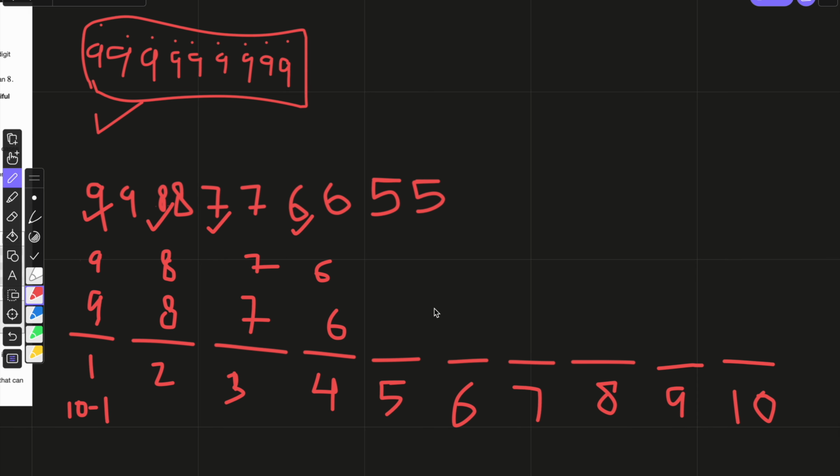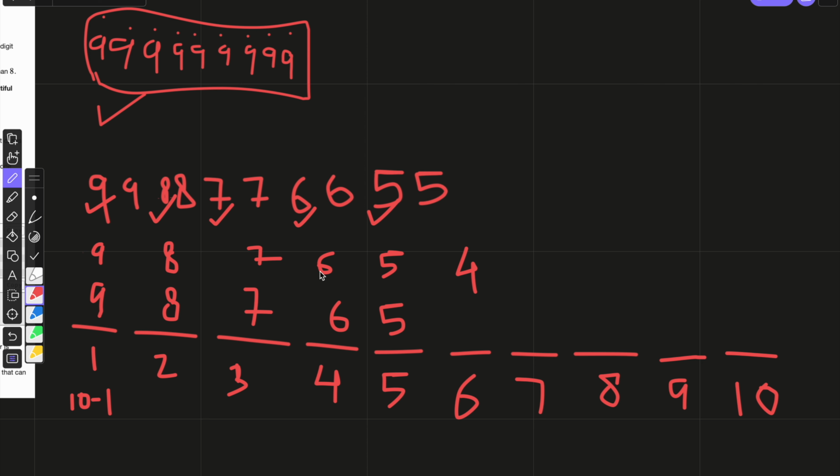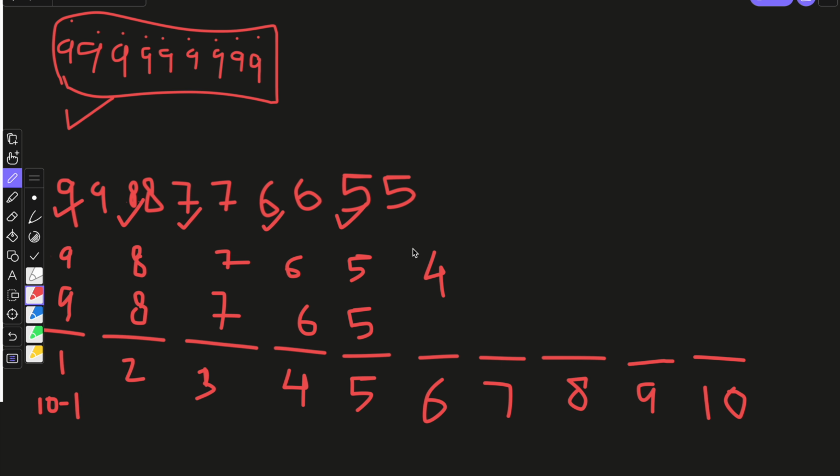Then the smallest possible number is 5, and 5 is present, so we take 5. The smallest possible number for the next position is 4, but we don't have 4 in the array. So we take the next greater element, which is 5, and fill 5 here.